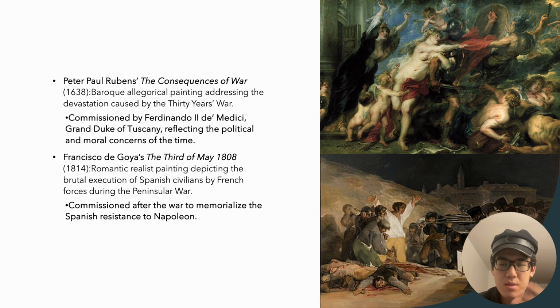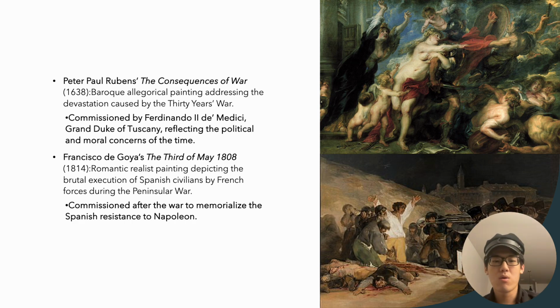Today, the first artwork I'm going to introduce is by Peter Paul Rubens. It's called The Consequences of War and was created in 1638. It's a Baroque work, an allegorical painting that addresses the devastation caused by the Thirty Years' War, commissioned by the Grand Duke of Tuscany and reflecting the political and moral concerns of that time.